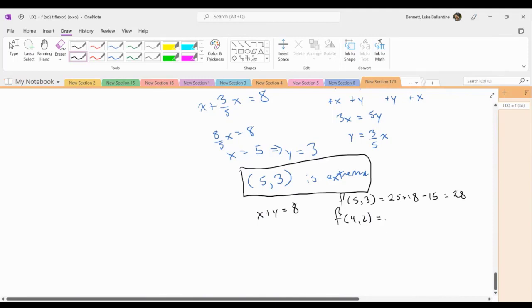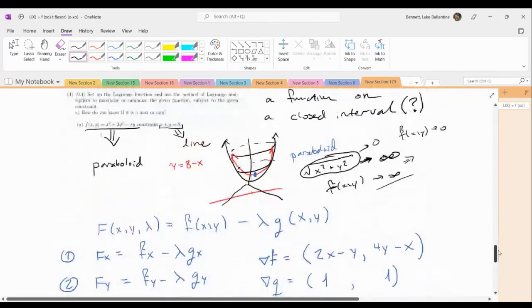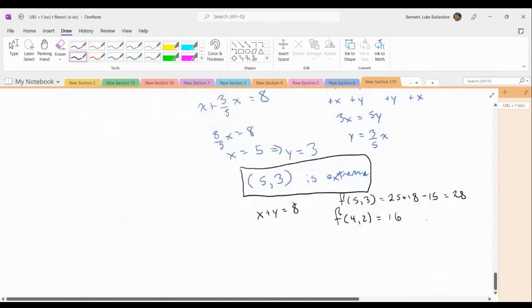And then this one is 16 plus 8 minus... Oh, what the heck? Why did I get a smaller number?